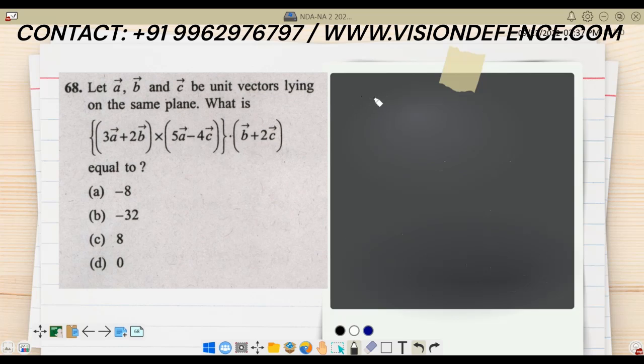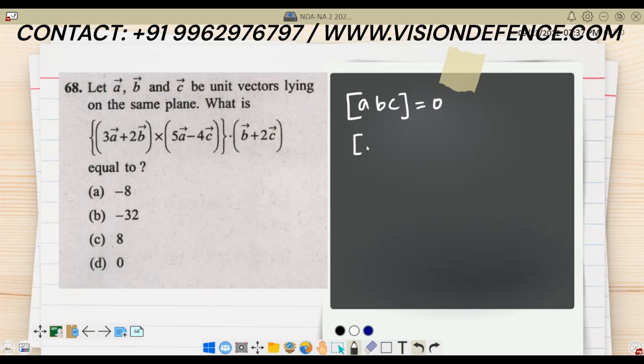Let A, B, C be unit vectors lying on the same plane. They have given an expression, so what is this equal to? So, coplanarity, right? The scalar triple product is going to be 0 if three vectors are coplanar. So [A B C] is 0.